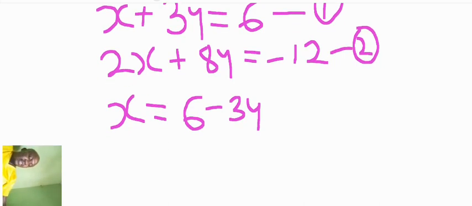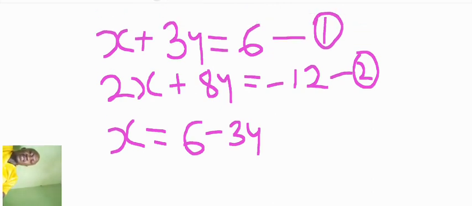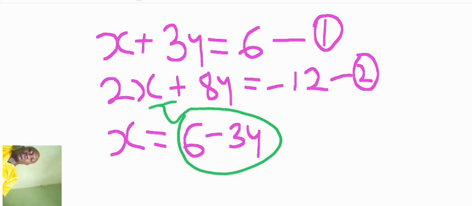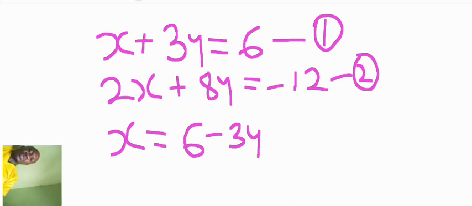The second step says that we have to substitute the isolated variable in the other equation. So once we are able to make x the subject in the first equation, it means that we are going to substitute the value for x, which is 6 minus 3y, into equation 2. So in place of x in equation 2, we are going to put 6 minus 3y there.